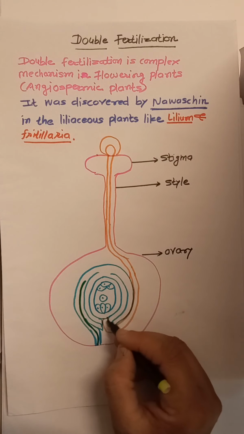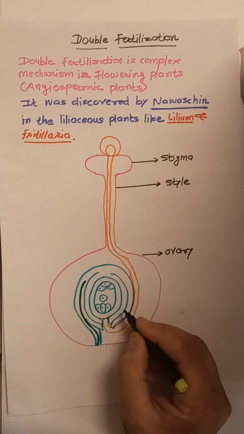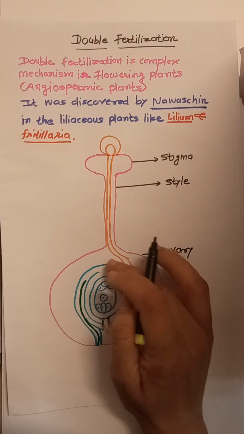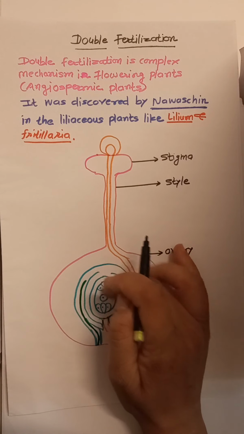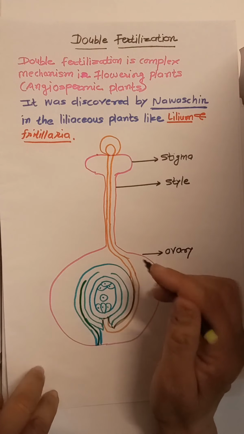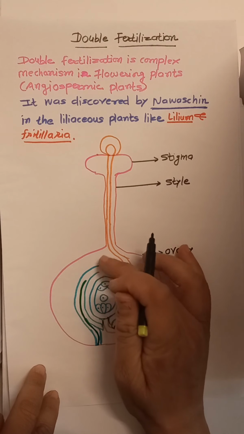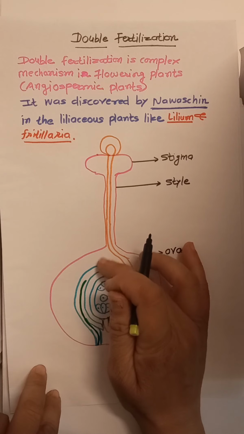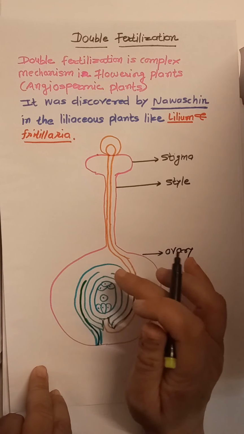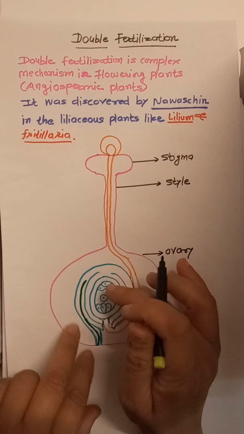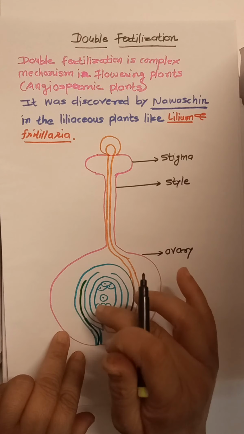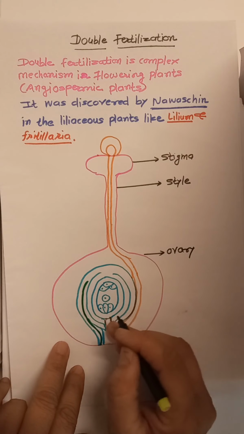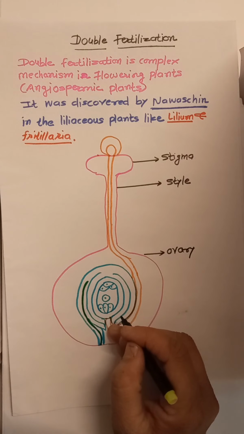So this opening is called as micropyle. Sometimes pollen tube enters in the ovule through chalaza. If pollen tube enters in the ovule through this chalaza, then it is called as chalazogamy. And if pollen tube enters into the ovule through integument, it is called as mesogamy. But if pollen tube enters in the ovule through this micropyle, it is called as porogamy.